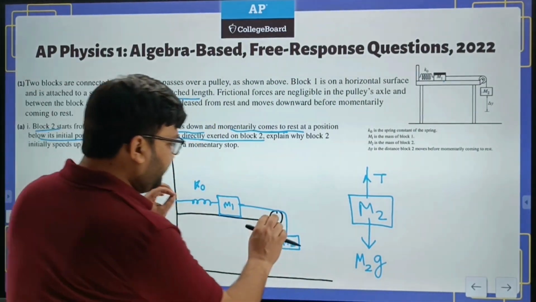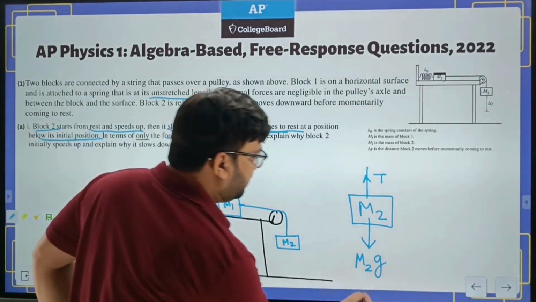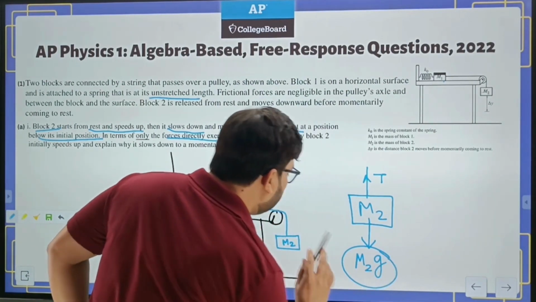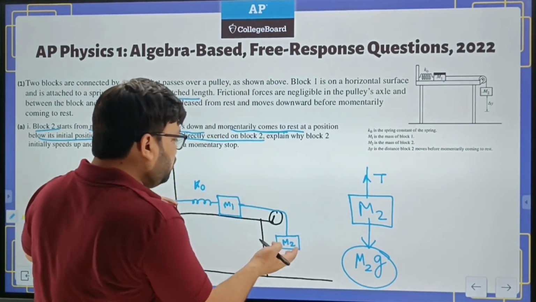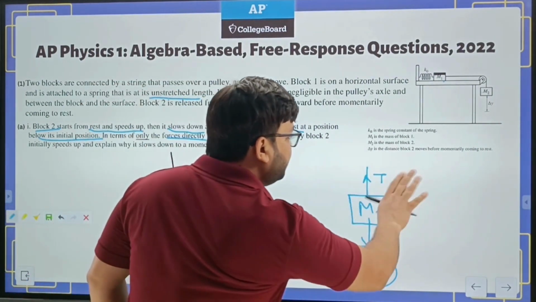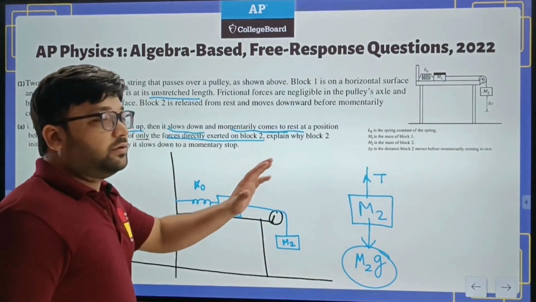So initially, when we release this one, what is happening? Initially there was no tension, because we were holding this mass M2 and there was no tension in this spring, right?